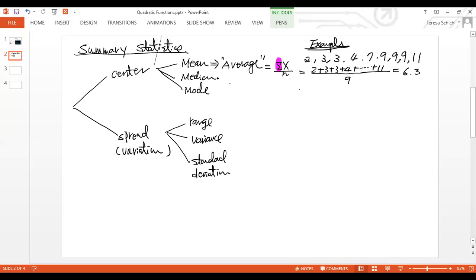The median means the middle one, after you arrange the data from the smallest to the largest.